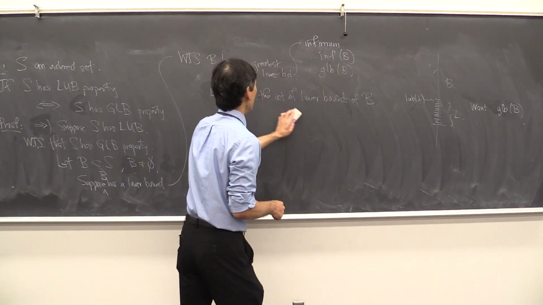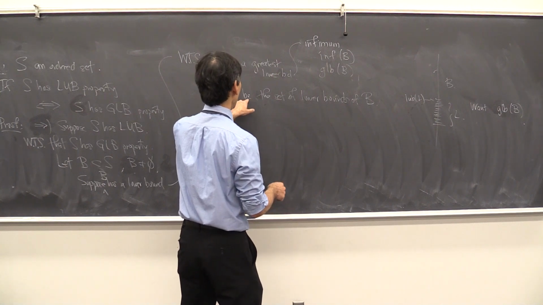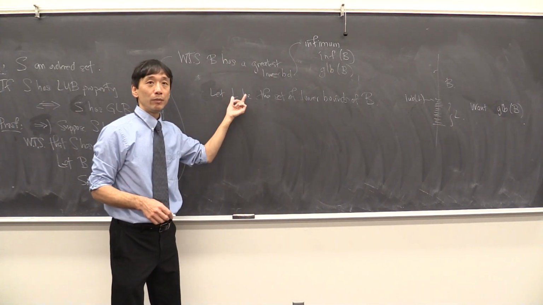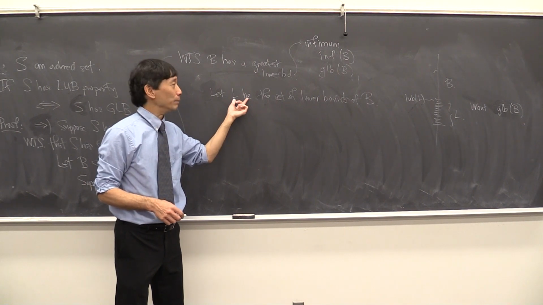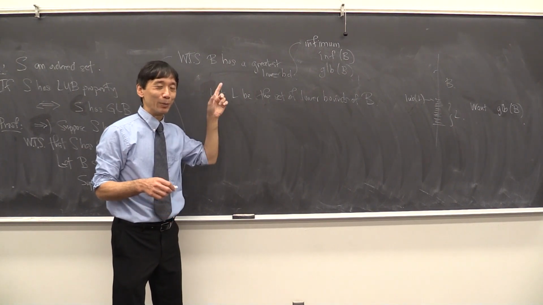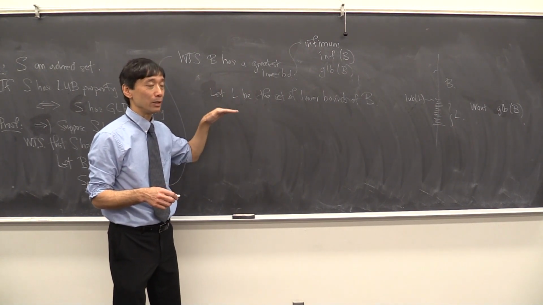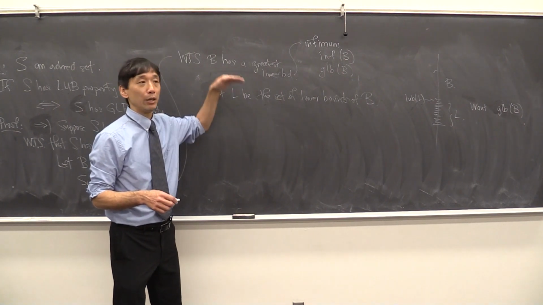Okay, so we want to apply the least upper bound property to L. What do we need to do? Remember, the least upper bound property says if you're a non-empty set and you have an upper bound, then you have a least upper bound.